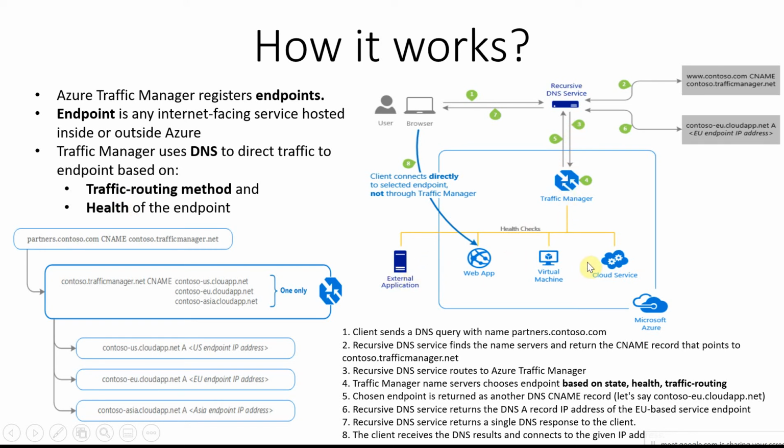Okay. Just before going to this diagram, let's understand this. For example, we have a domain name called partners.contoso.com. In DNS there are a lot of concepts like CNAME and alias. The CNAME in this case, which is configured in Traffic Manager, is contoso.trafficmanager.net.